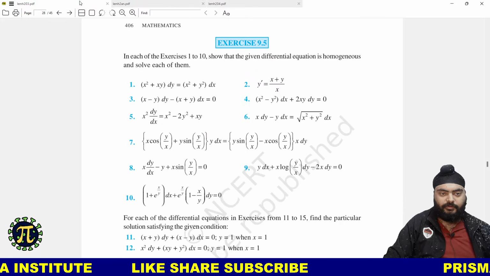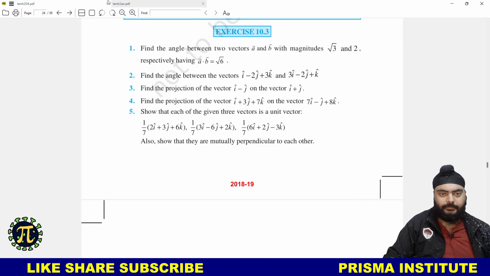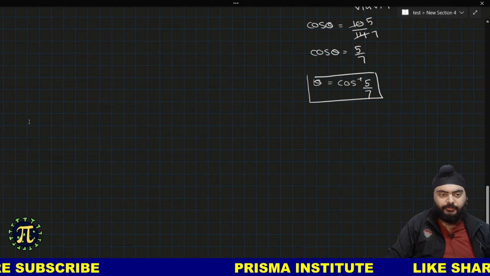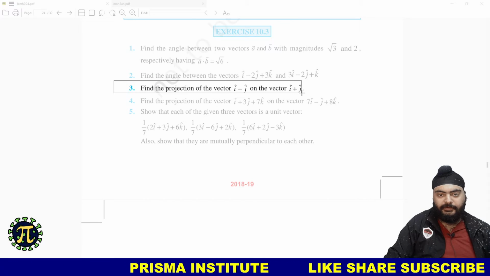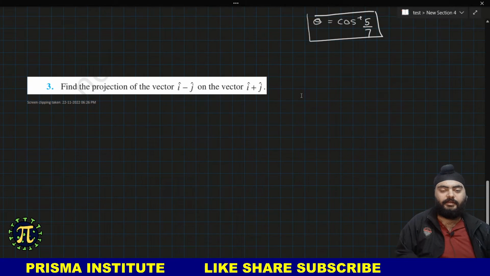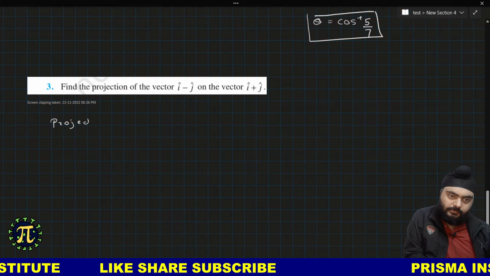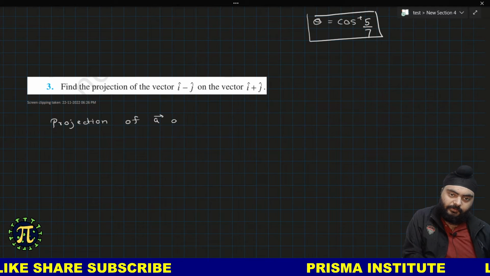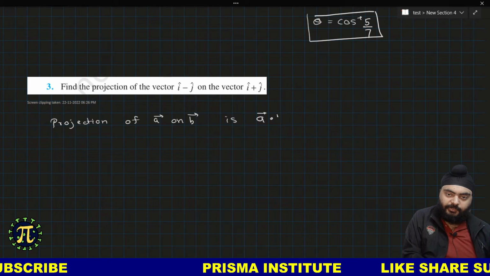Moving to our next question, which is third. Okay. Find the projection of this vector on another vector. So we have learned two methods, and I will use the formula: projection of A vector on B vector is A vector dotted with B cap.